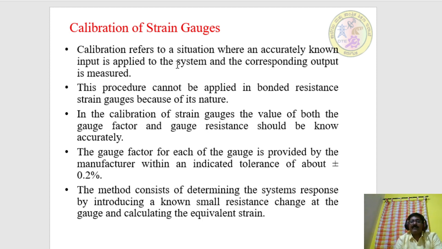The gauge factor for each gauge is provided by the manufacturer within an indicated tolerance of about plus or minus 0.2%, and calibration consists of determining the system response by introducing a known small resistance change at the gauge and calculating the equivalent strain.